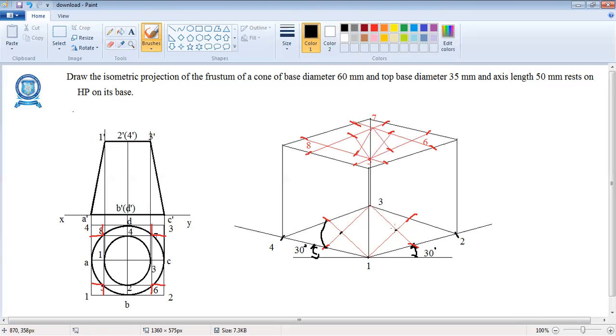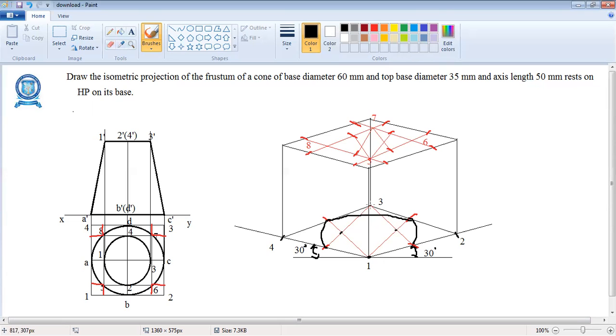You should not draw it by freehand. You have to draw by compass. Place a compass here and take a measurement here and draw an arc to join these points. And place a compass here and take a measurement of this point and draw an arc.